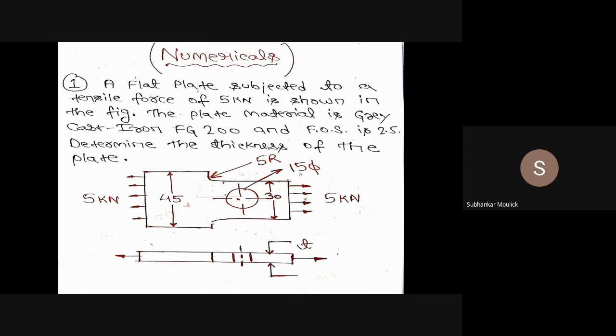That means identify that particular section where the stress will be maximum, or from where this entire body can fail due to the application of this tensile load of 5 kilonewton. Can you identify? Sir, the circular cross section. Circular, that means the portion where a hole is being drilled. Yes, right.